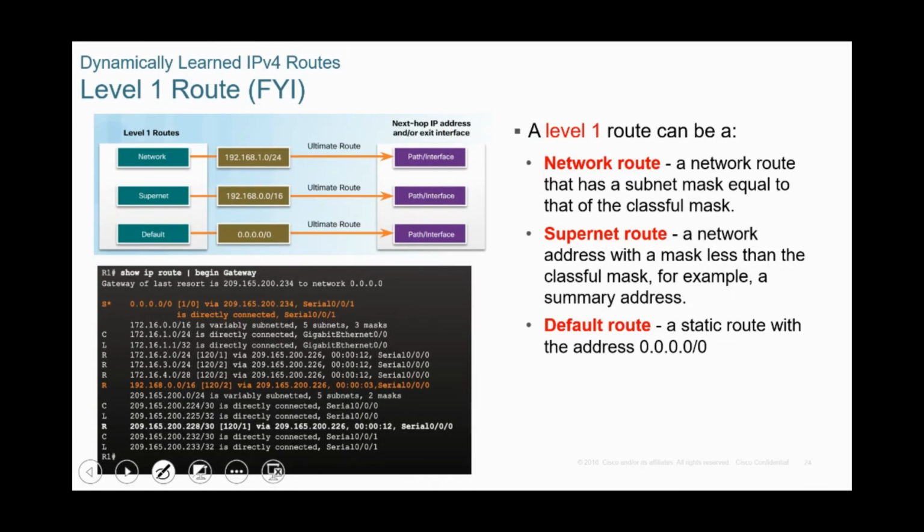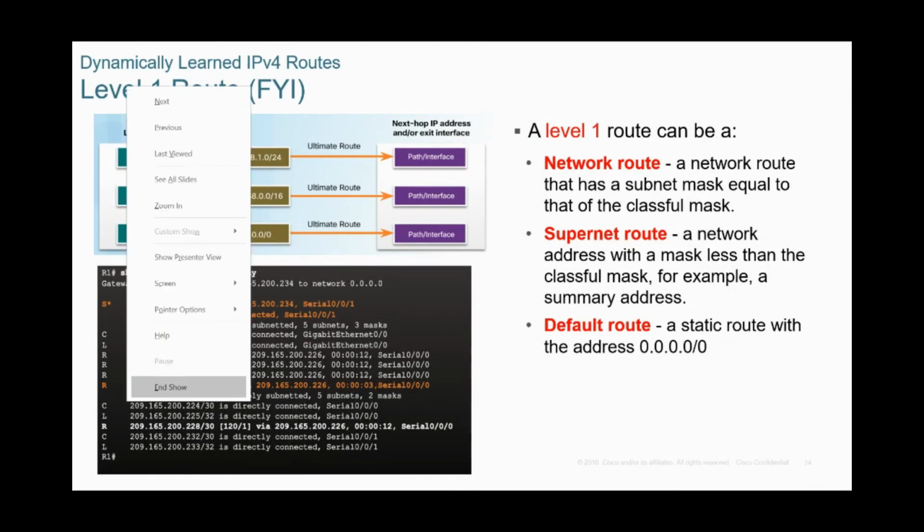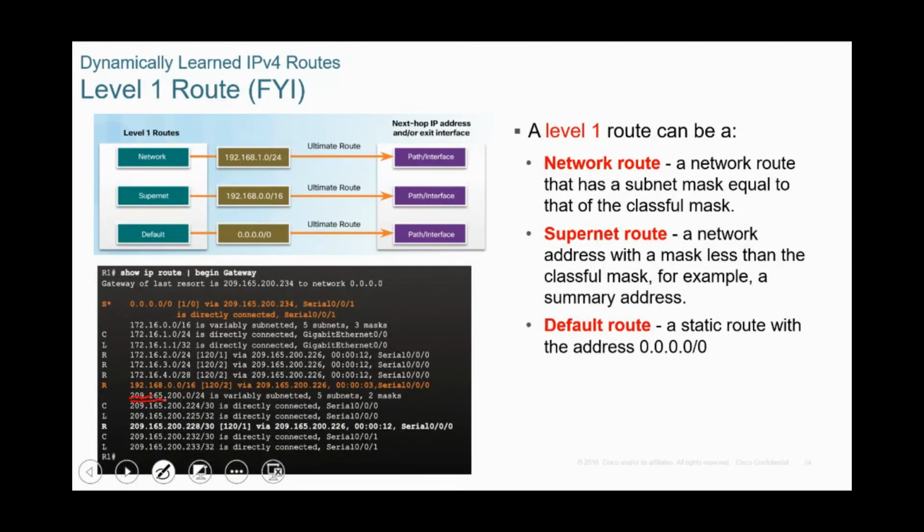Now here, for 192.168.0.0/16, 192 is actually class C. By default, it should have /24. But when you do auto summarization, your subnet mask will reduce to /16, less than the default 24. So in this case, this is called a supernet route.